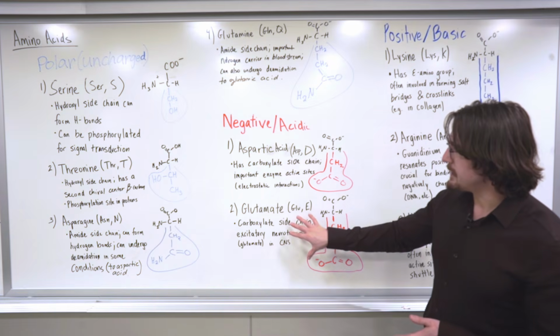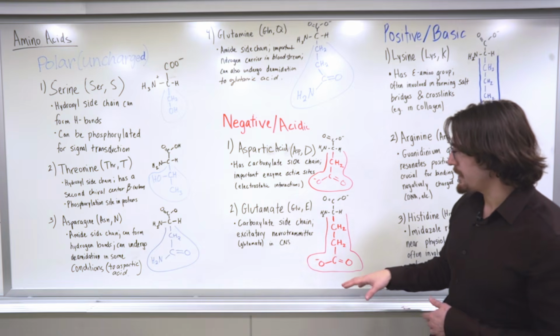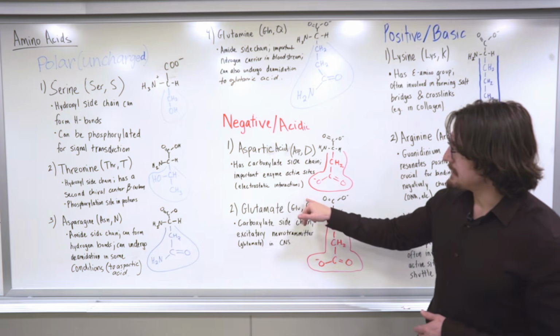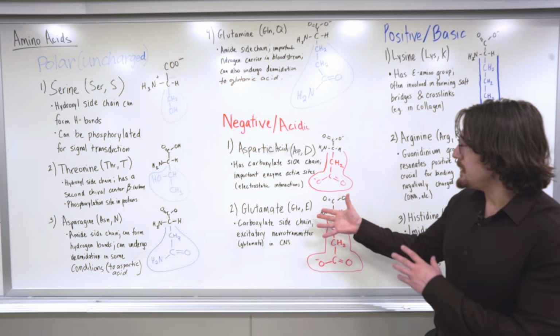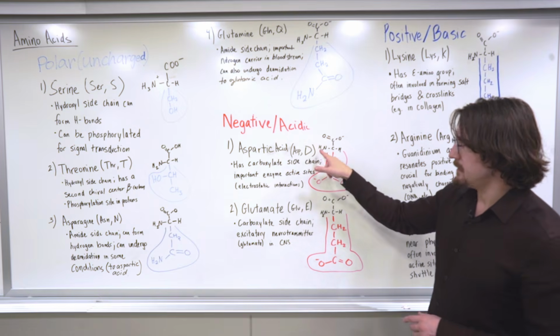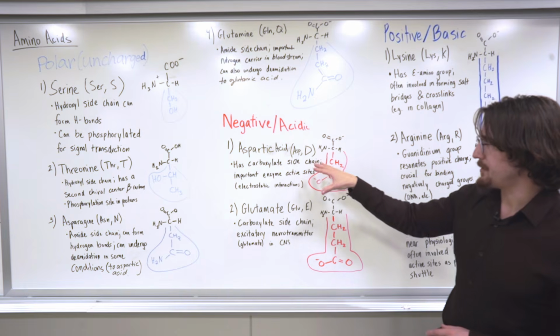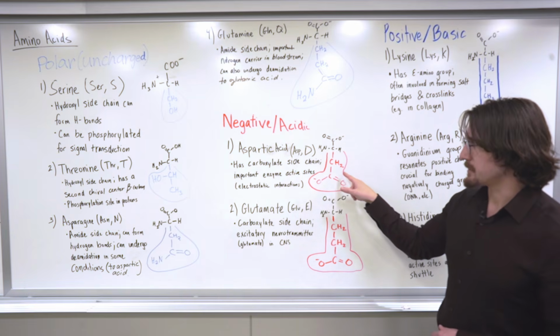Now, the next one is similar. It's glutamate or glutamic acid if we're talking about the acidic form. Okay, and this one has the letter E. So the reason historically this is E is because if you notice aspartic acid has D, okay, as the notation, and it only has one methyl group preceding the carboxyl group.